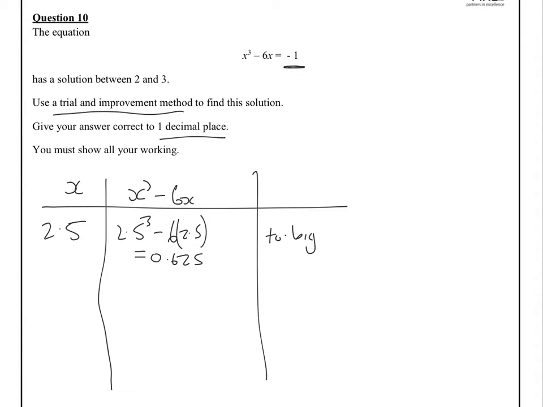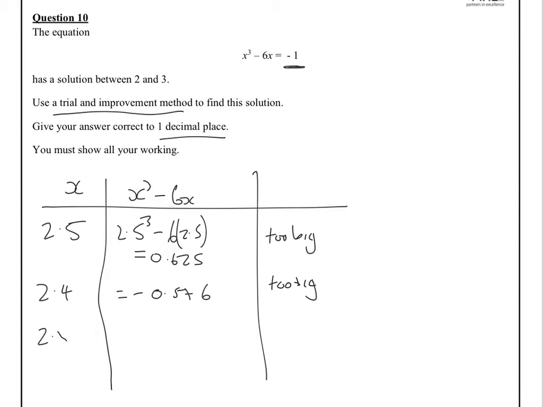We're trying to hit minus 1, so we're going to have to use a smaller number so that we get closer to minus 1. So this time I'm going to try 2.4, and when I substitute it into that equation, I get an answer of minus 0.576, which again is too big. We're trying to get down to minus 1.